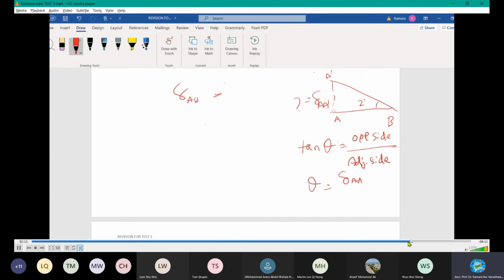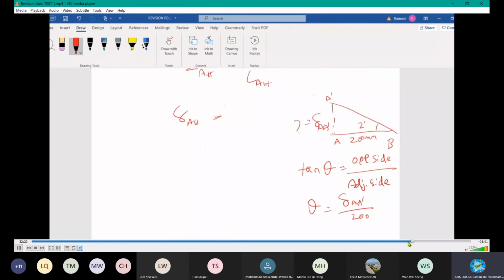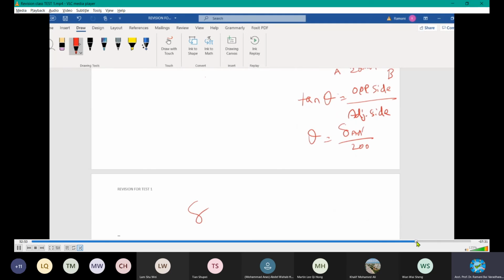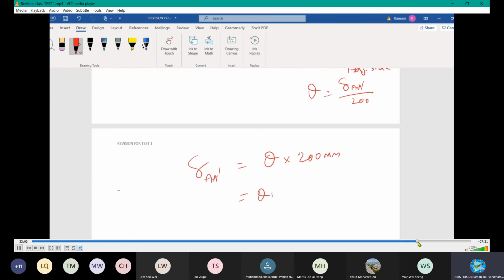My opposite side is delta A dash divided by the adjacent side. How much is this? Please find. 200 mm, correct? Please tell me the answers, 200. Hence, I will take my delta A dash, with theta in radians. You know the value, right?